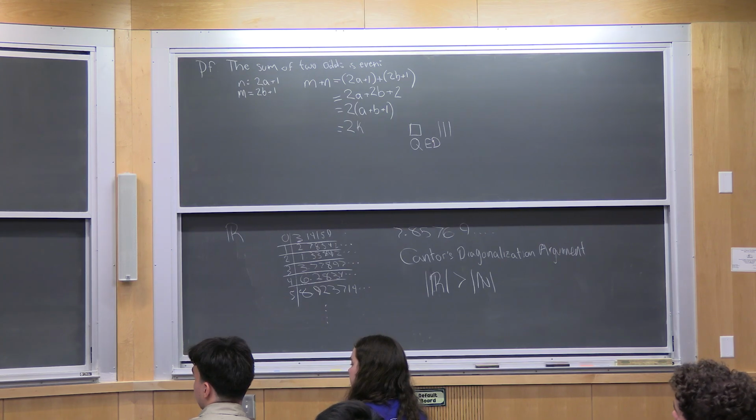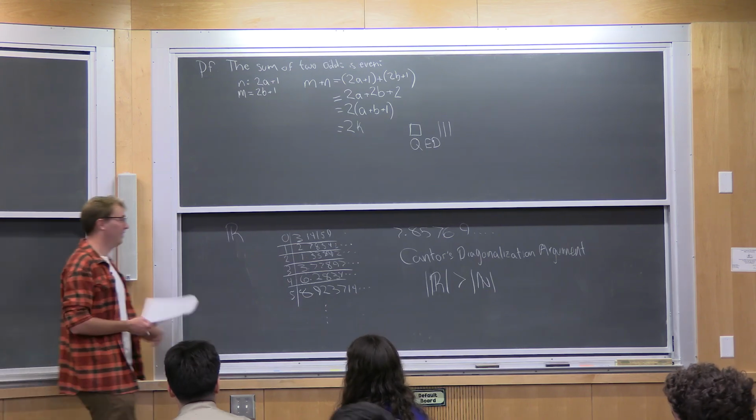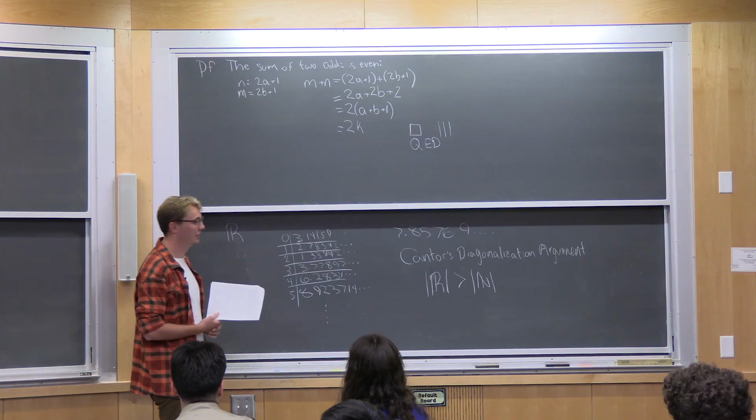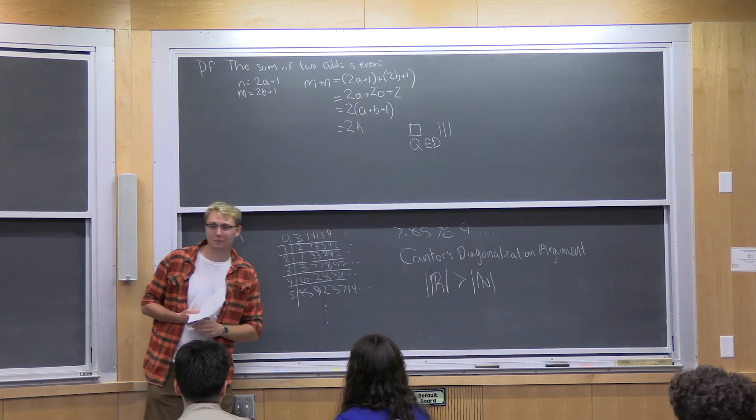So actually, it is impossible to prove whether or not there is a cardinality in between them. But we do know that the cardinality of the reals is the cardinality of the power set of the natural numbers.